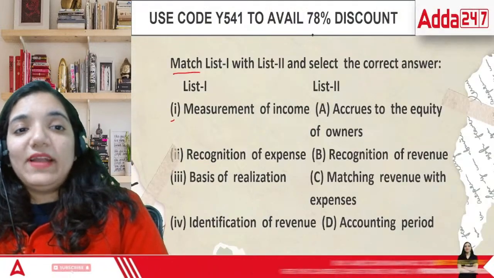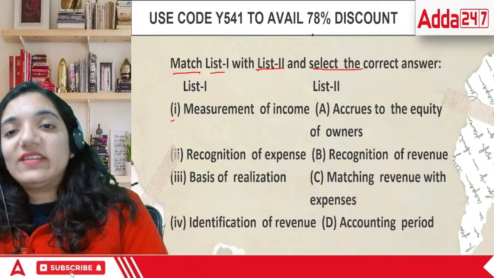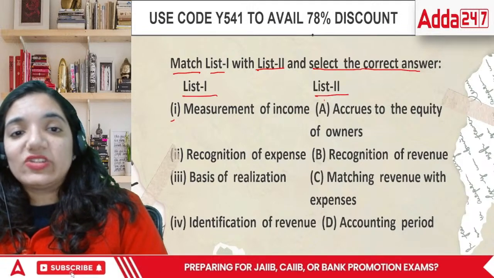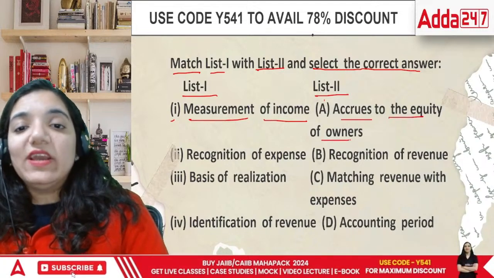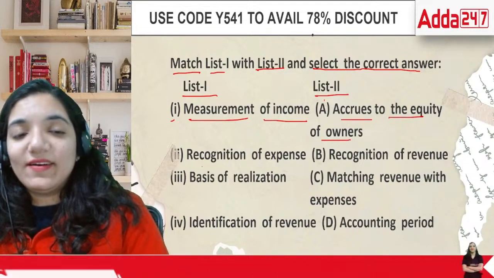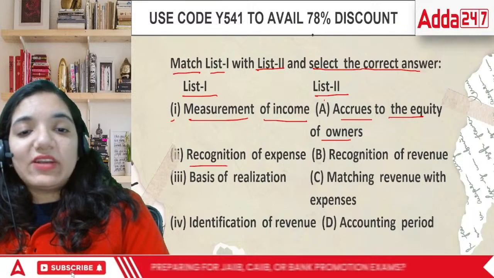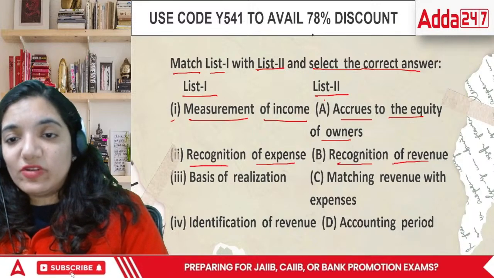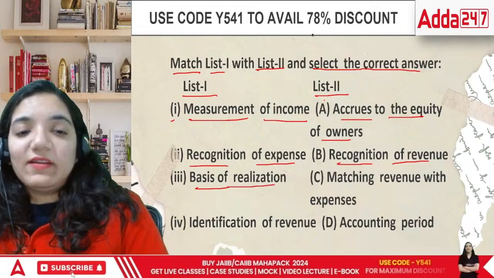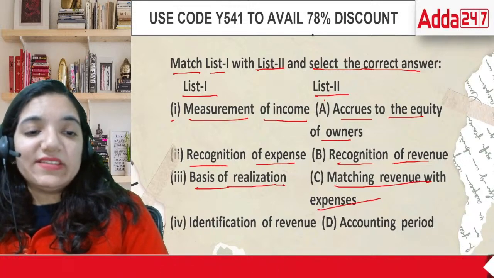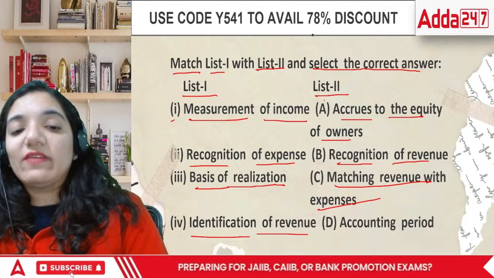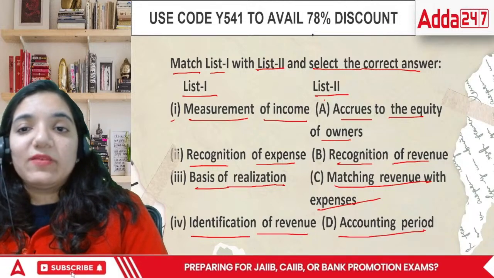Next point, match list 1 and list 2 and select the correct answer. List 1 has measurement of income, accrues to equity of owner, recognition of expense, recognition of revenue, basis of realization, matching revenue with expenses, and identification of revenue. That is for accounting period.